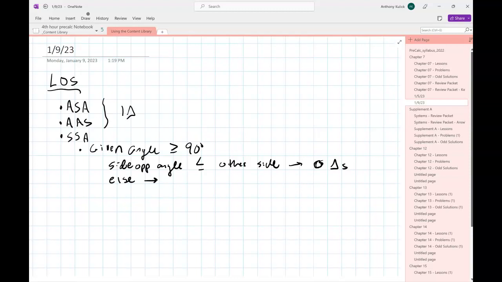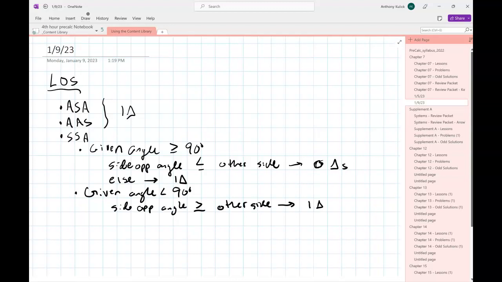Otherwise, there's just one triangle. If the given angle is acute and the side opposite the given angle is bigger or equal to the other side, again, everything is fine. That's just one triangle.